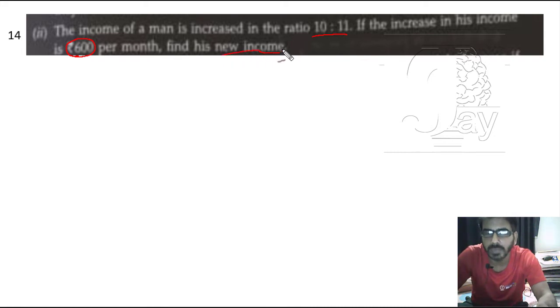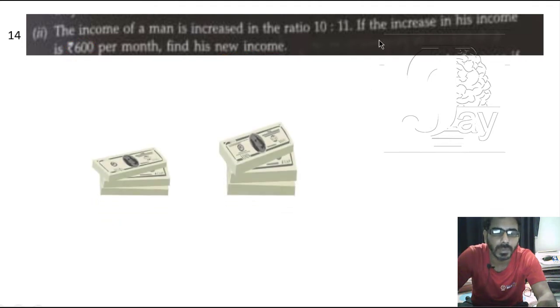So whatever the income was, you have to add 600 to that to get the new income. So for that, let's see, we have say this is 10 and this is 11. The ratio is, we are comparing the quantities, we are comparing the income.